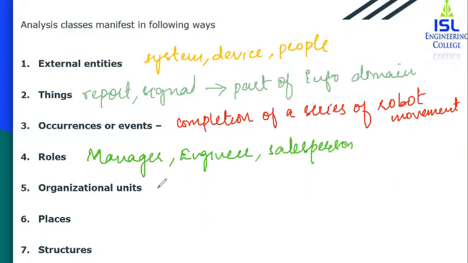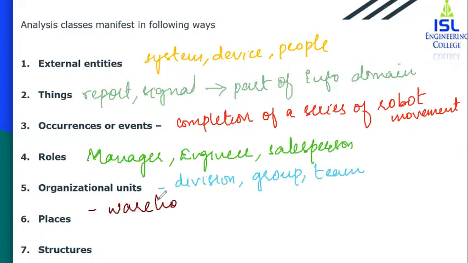Then the next is an organization unit. An organization unit can be a specific division, a group, or a specific team. Then the next is any place. A place can be a warehouse. Then the next is structure. A structure can be any sensor or a computer.